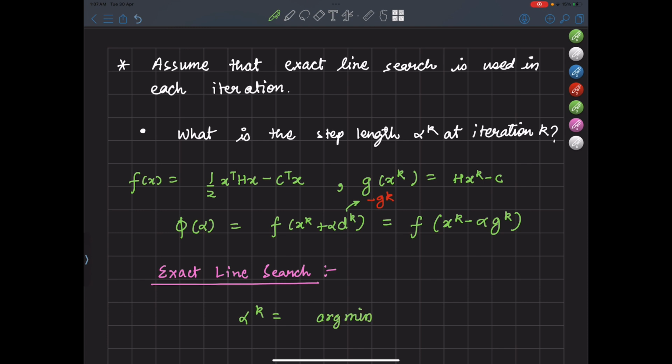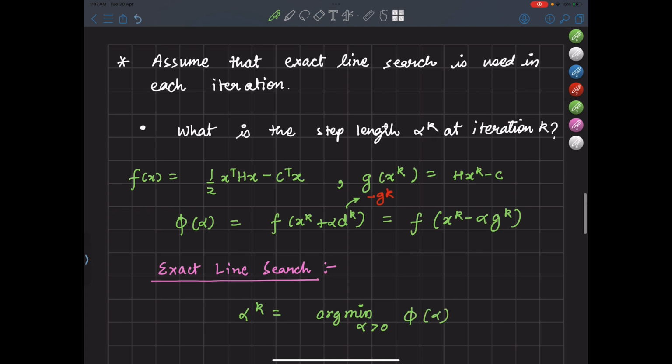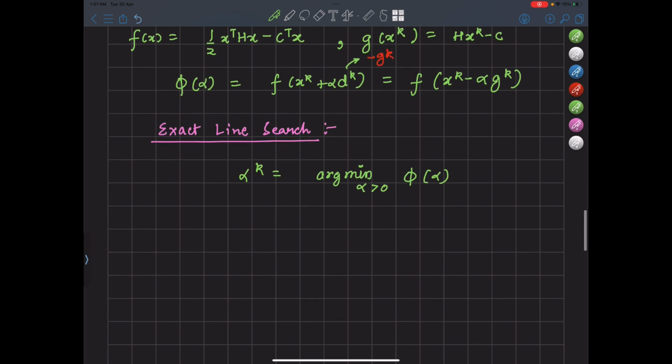We try to solve one more optimization problem over alpha, and we try to minimize phi(alpha). So phi dash alpha equal to 0 will give the value of alpha for which phi alpha is minimum, right? Now this is true because f is quadratic, which means phi alpha will also be quadratic, right? Because f is quadratic.